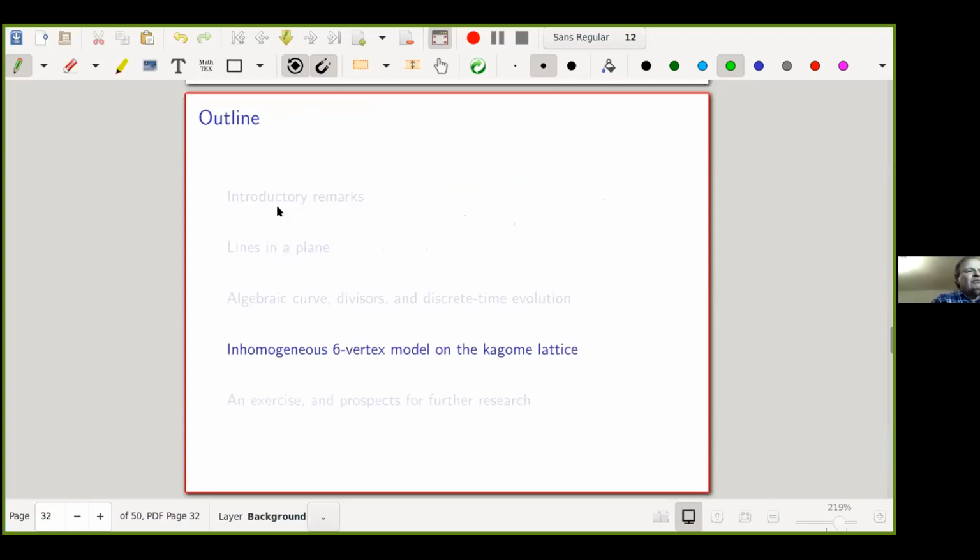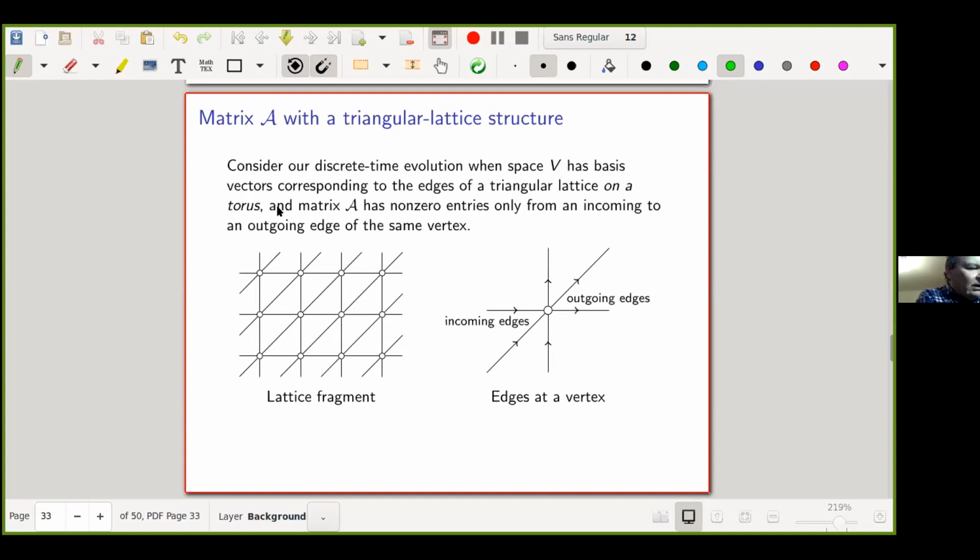Now consider some reduction of this dynamical system. Reduction means that your matrices have some specific form. Namely, first take a triangular lattice like this, and let it be situated on a torus.